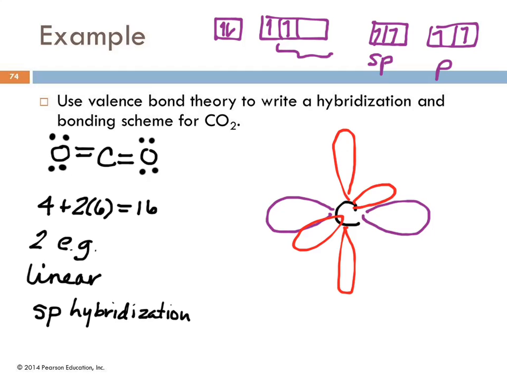Now I need to put oxygen on there. So oxygen, there's going to be 1 oxygen over here. And what kind of orbitals does oxygen have that are half full? Okay, so down here is oxygen. It's got 1, 2, 3, 4, 5, 6 electrons.